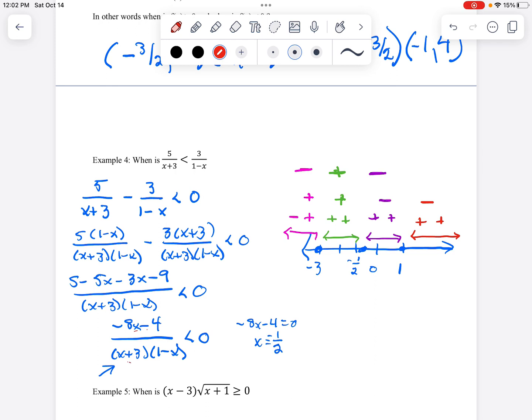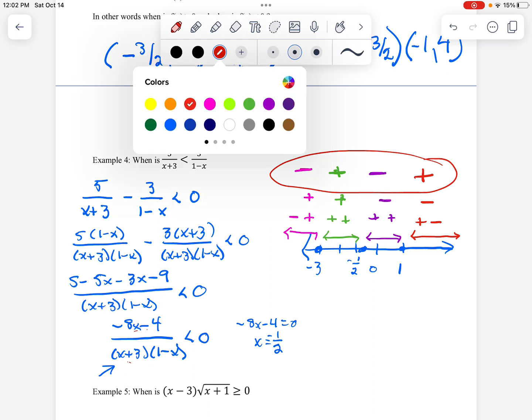Oh, and I'm subtracting a larger number than 1, so that's going to be a negative, which is going to give me positive values overall. So there are the y values for the various intervals.